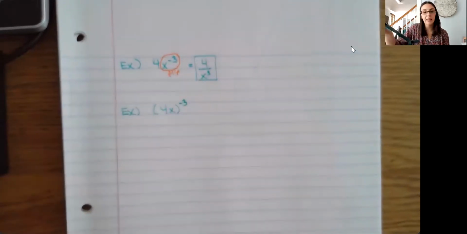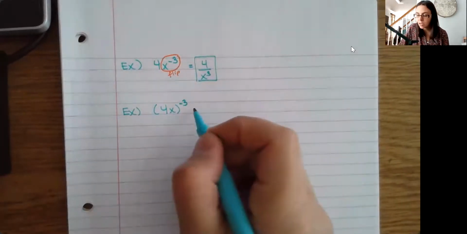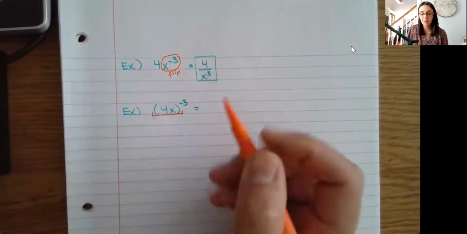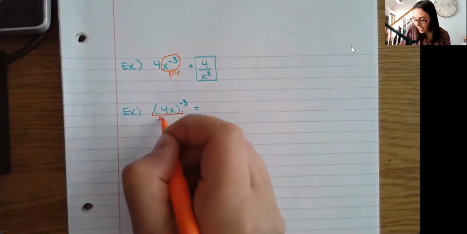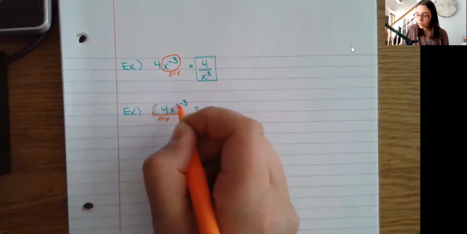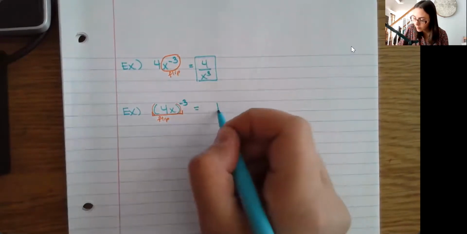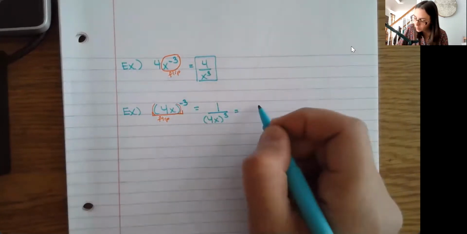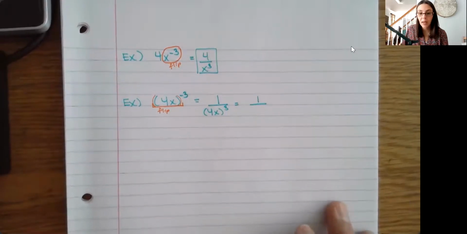If I have something like this, this is different. So notice that the whole thing is to the -3rd power, right? Because I have parentheses here. So the whole thing is going to flip. And then I can go ahead and use some of my older rules to distribute, right?